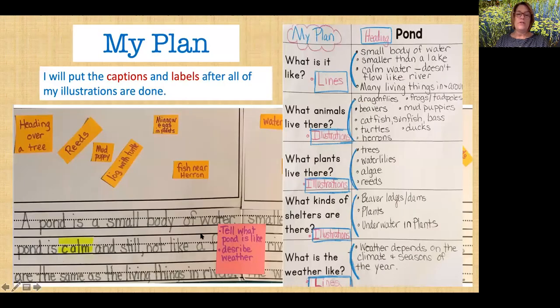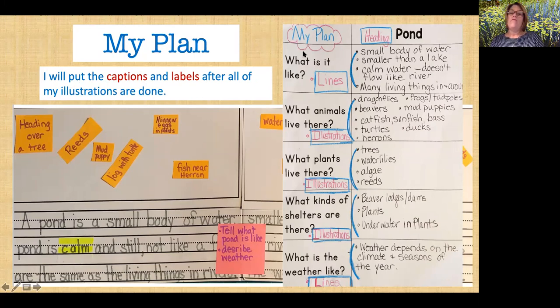And so I will go through my notes with you and also go over my plan for how I'm going to put it all on my ponds page, just like I did last time. And remember that when I'm done with all of my writing and my illustrations, I will put the captions and labels on after all of my illustrations are done.